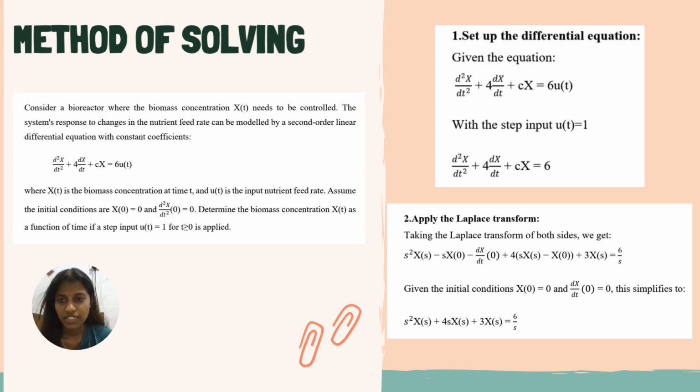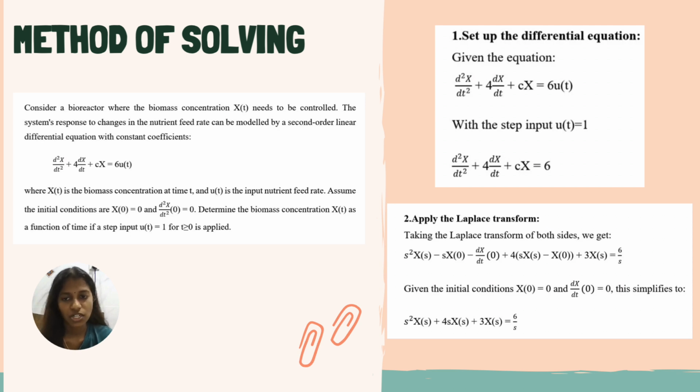So my question is: consider a bioreactor where the biomass concentration X(t) needs to be controlled. The system's response to change in the nutrient feed rate can be modeled by a second order linear differential equation with constant coefficients. The equation given is d2x/dt2 plus 4 dx/dt plus cx equals 6 u(t), where x(t) is the biomass concentration at time t and u(t) is the input nutrient feed rate.